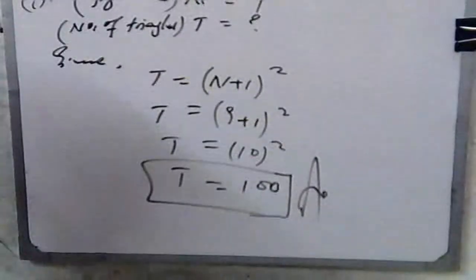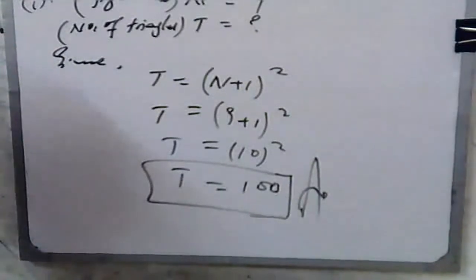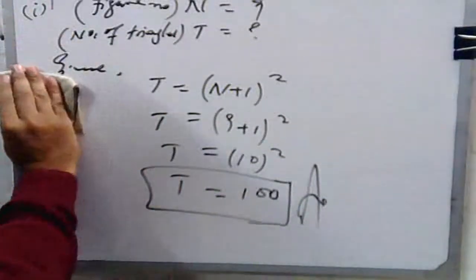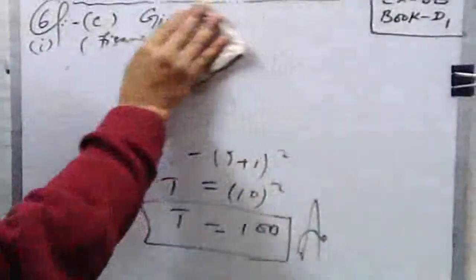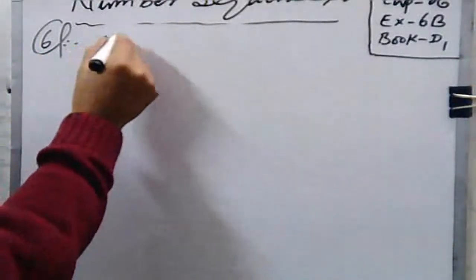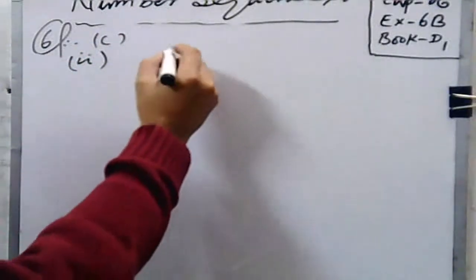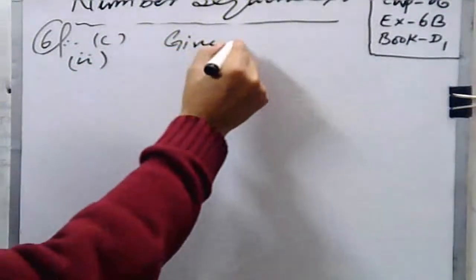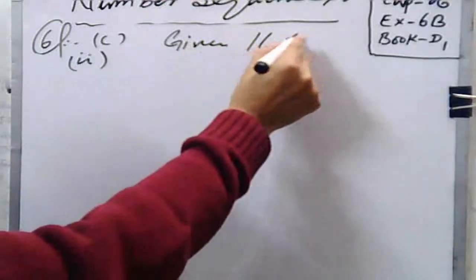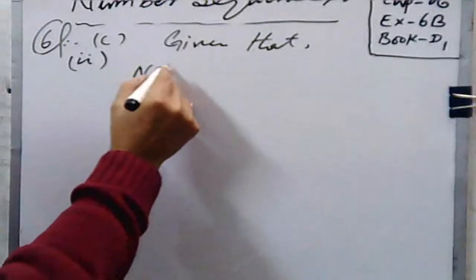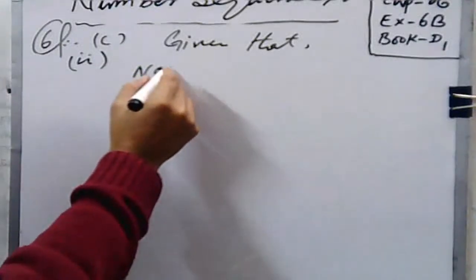Similarly, if we would like to find the value of n, here in the second part, once again you can read the statement very carefully, because 50% of the solution is present in your statement.